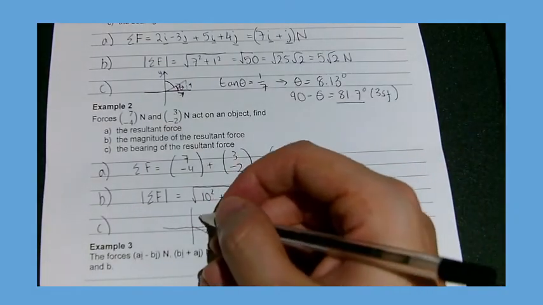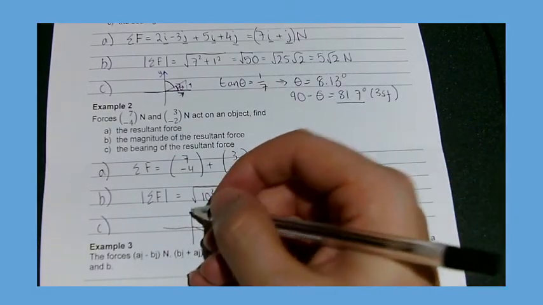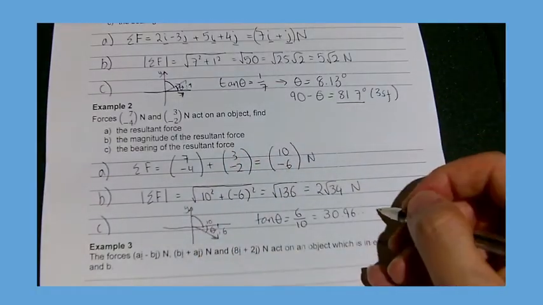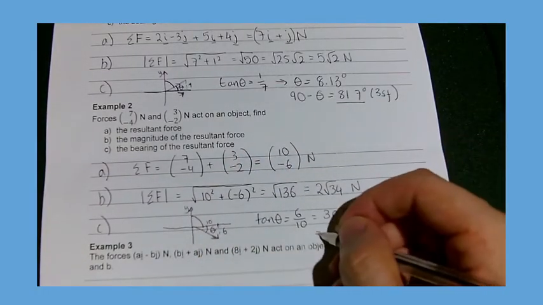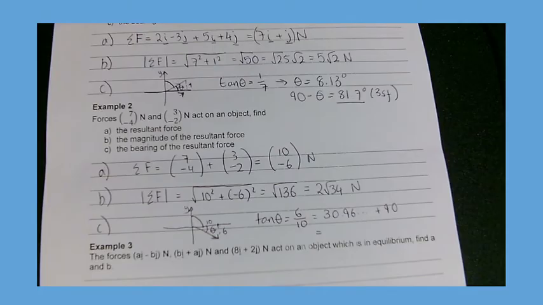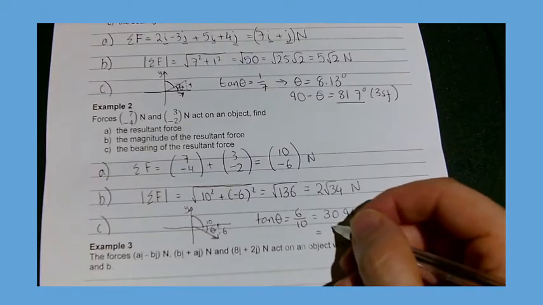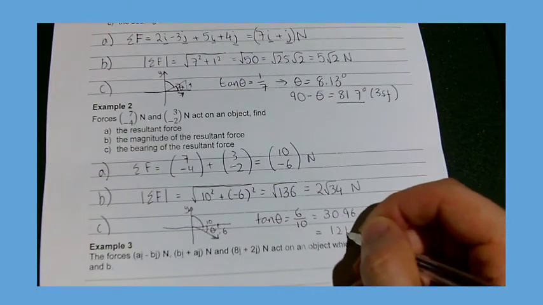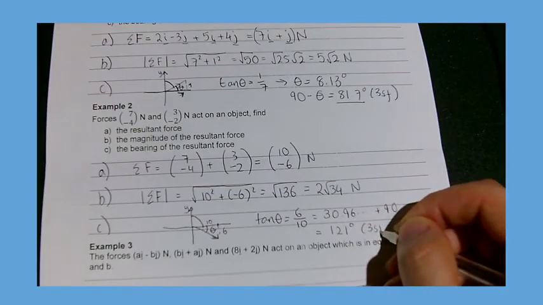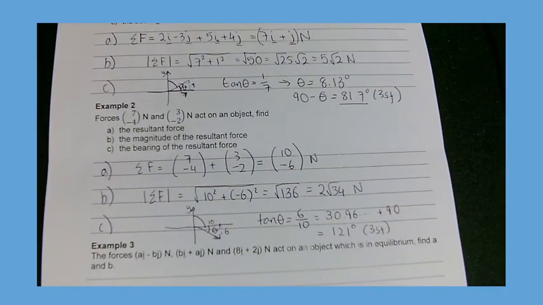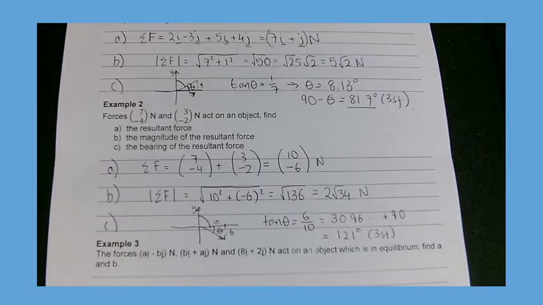But we want the bearing, which will come from adding 90 to it. Plus 90 gives me an overall value of 121 degrees to 3SF. That's the answer for example 2.